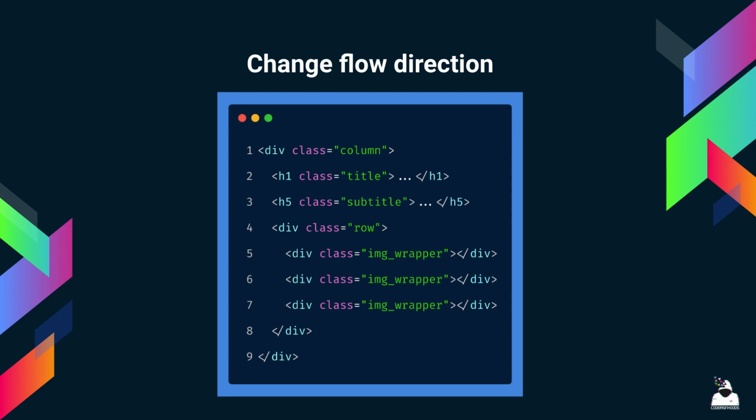So this is all good if you have a row of elements and you know that at some point you will need them in a column, then again put them in a wrapper and then you can play around with that, right? You already did flex, so you know that you can do flex direction and you can say, well, now I want it to be in a row, now I want it to be in a column.